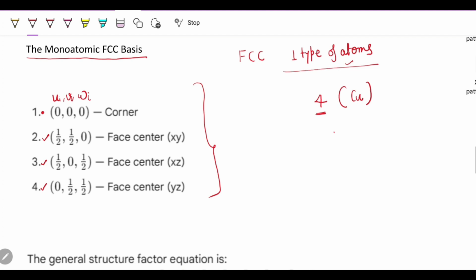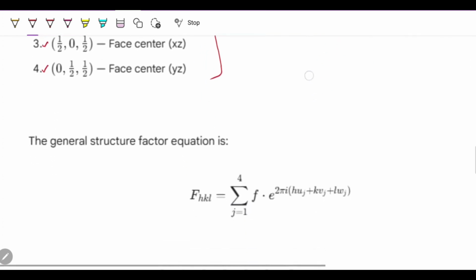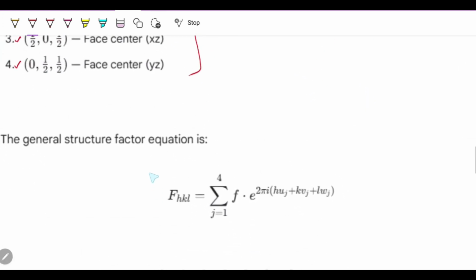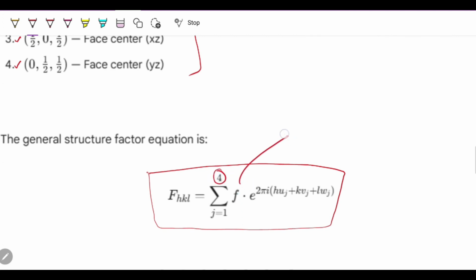Now, let's calculate the structure factor. The structure factor is given by this formula, F_hkl, with j from 1 to 4 because we have 4 atoms. Small f here is the atomic form factor.